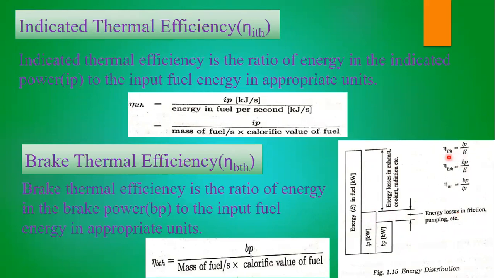Indicated thermal efficiency is nothing but the indicated power by the total energy in the fuel, and brake thermal efficiency is nothing but the brake power by the total energy in the fuel.